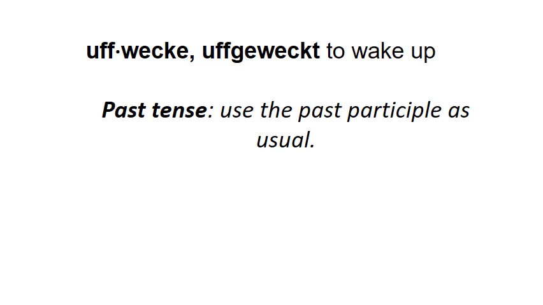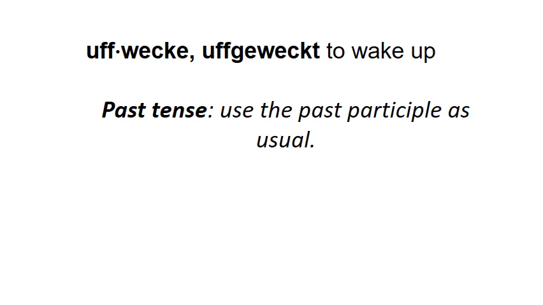And so if you're looking at the dictionary, one big clue that the uf would be a separable prefix is that it comes before the g in the past participle. The second you see that past participle, opgewekt, you know the uf is a separable prefix verb, even if the dictionary doesn't help you out by putting that little dot in between the uf and wekken in the infinitive.